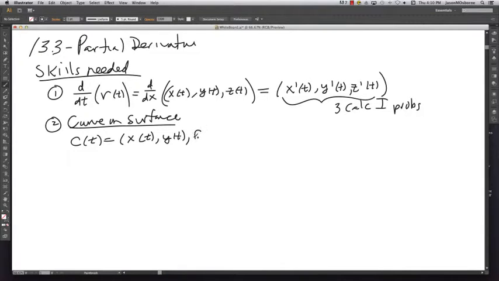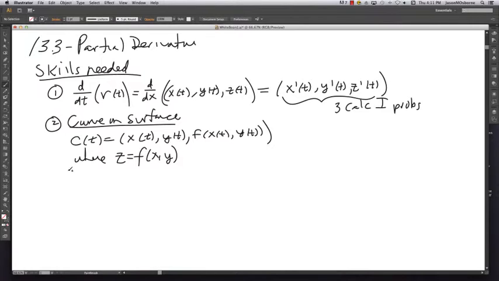And the z value is not just anything, it is the function of 2 variables that you were given, and you're plugging in the x of t and y of t value, where your z entry is the function evaluated at x and y. So these are the 2 skills that you're going to need to do partial derivatives.